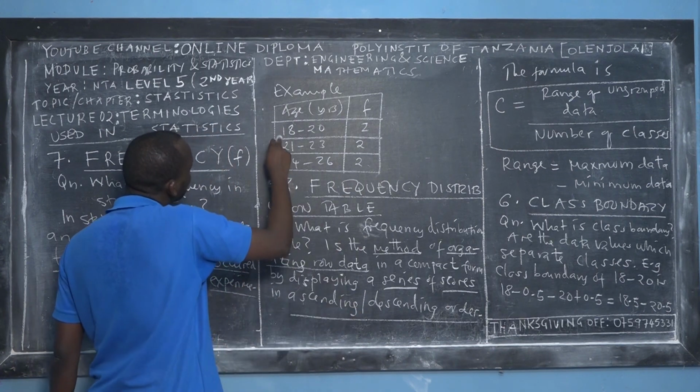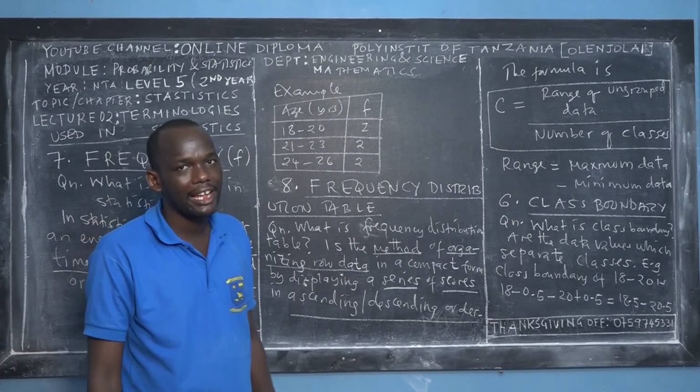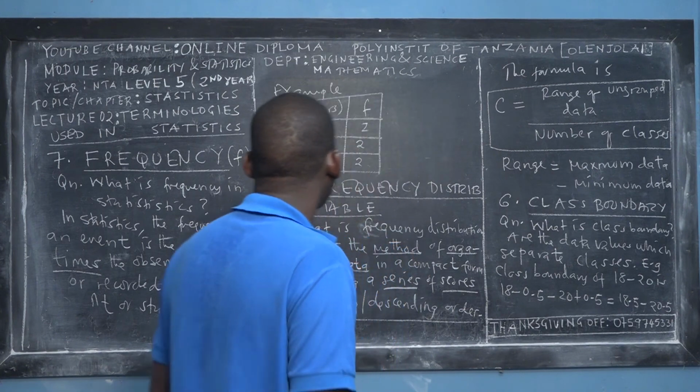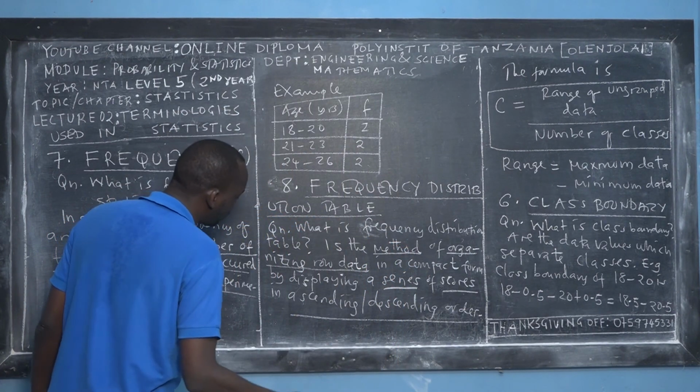You find the lower class interval at the top, while the higher class interval is at the bottom. So this is the example of a frequency distribution table. It's a method of organizing data.